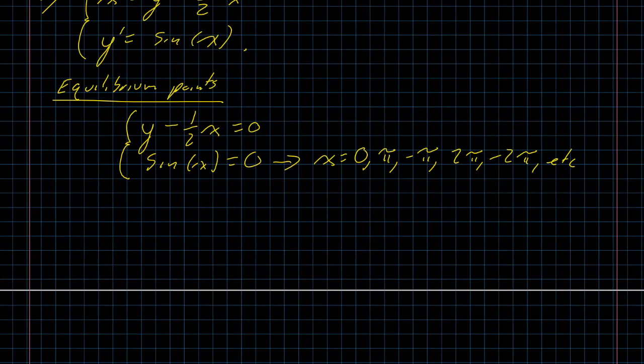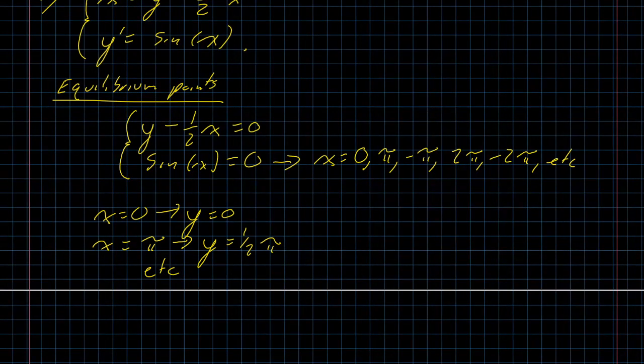Take each of those x values in turn and plug it into the other equation. X equals 0 is going to imply that y is equal to 0. X equals pi is going to imply that y is 1/2 pi, and so on. So now we know where our equilibrium points are.